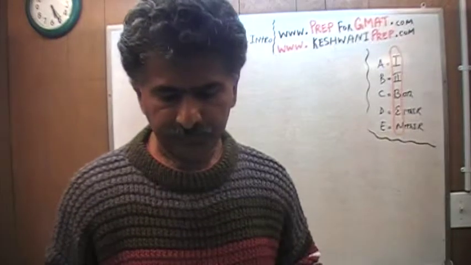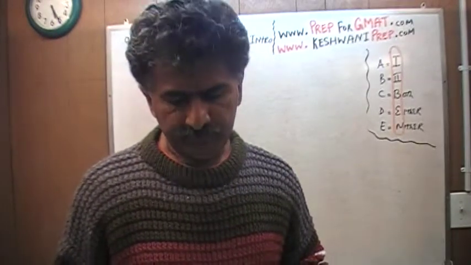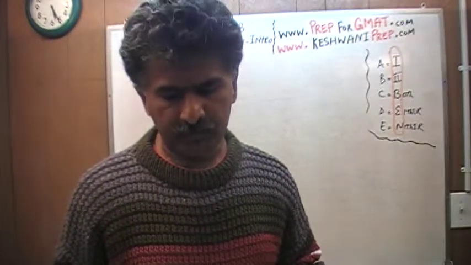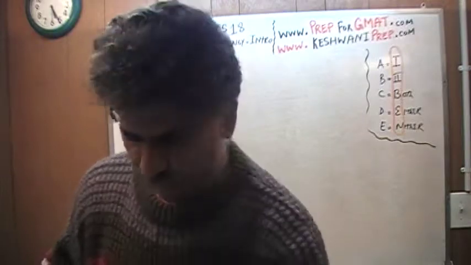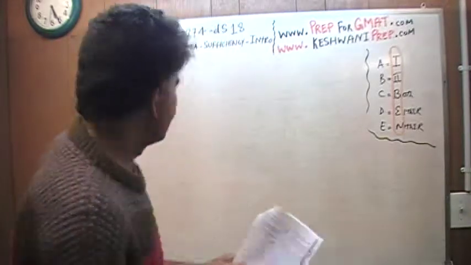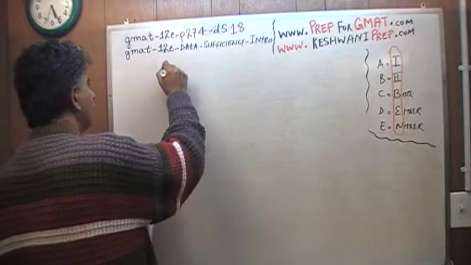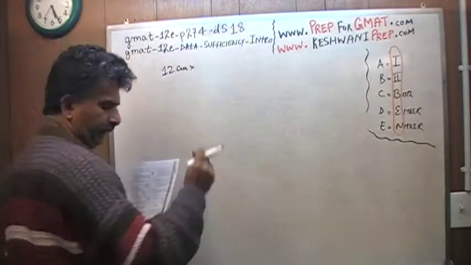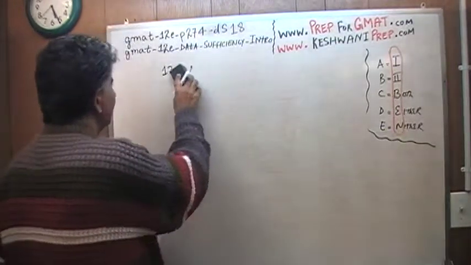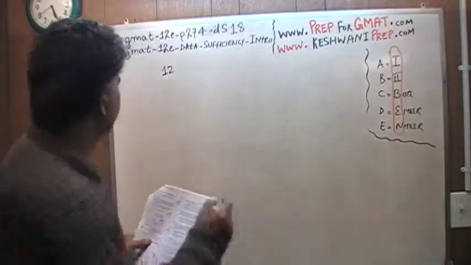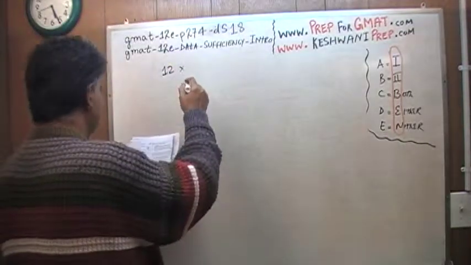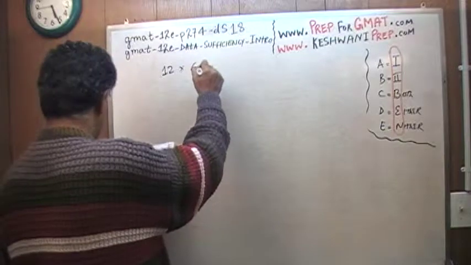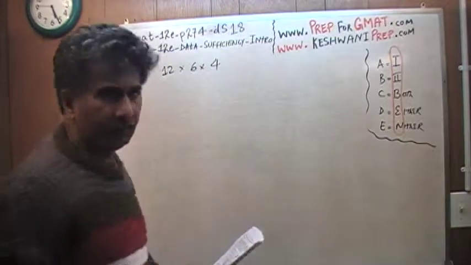It says, what is the maximum number of rectangular blocks, each with a dimension of 12 by 6 by 4, whatever the units happen to be?